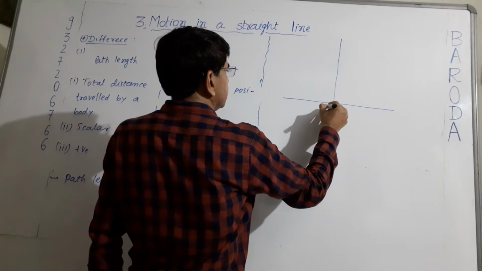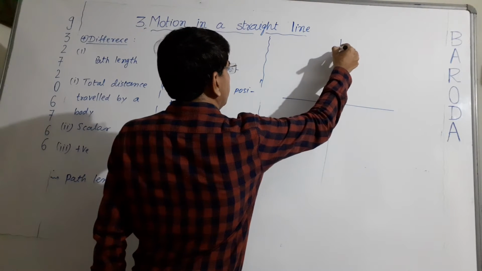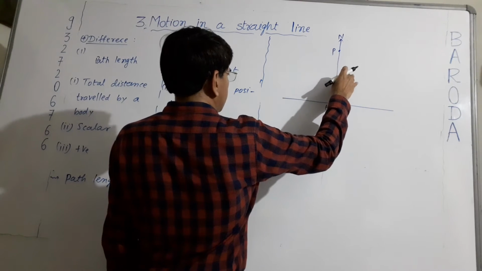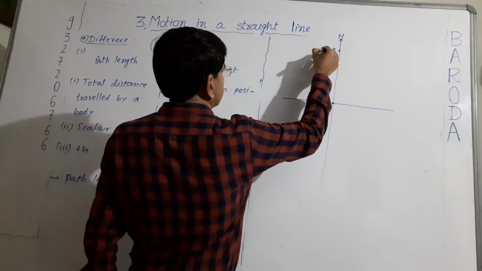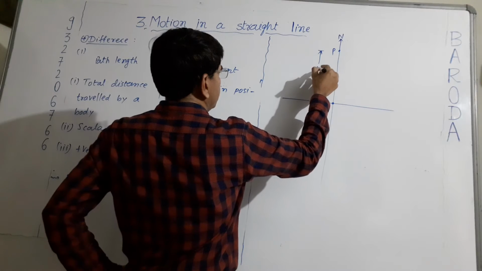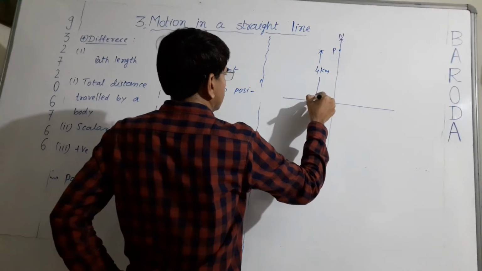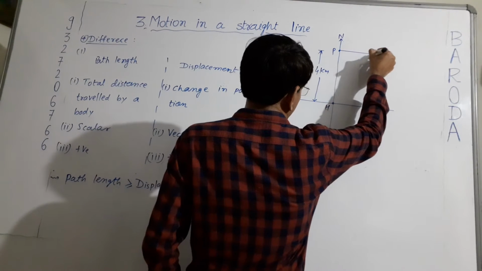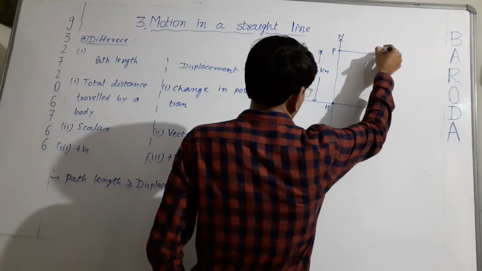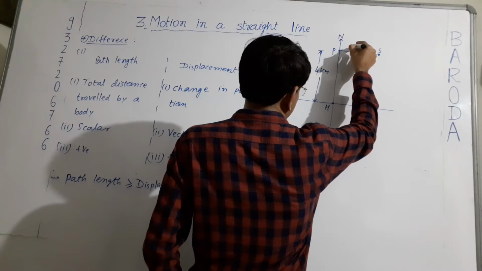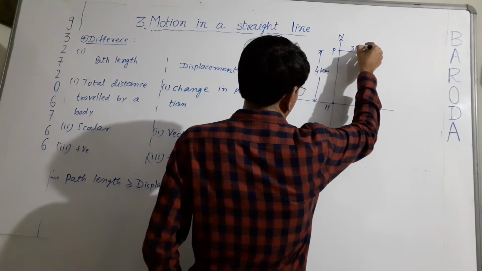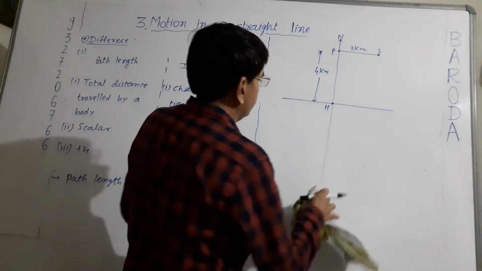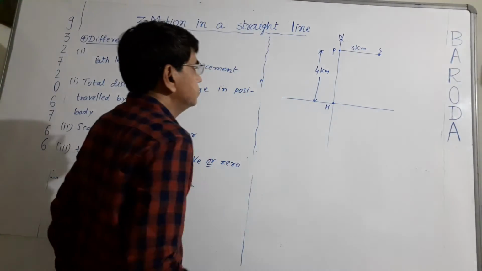Suppose one person went to a petrol pump in the north direction. The petrol pump is 4 kilometers away from his home. Then he went to a supermarket. The supermarket is 3 kilometers away from the petrol pump.